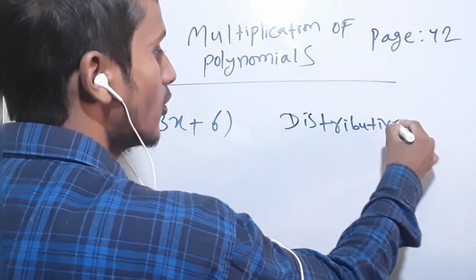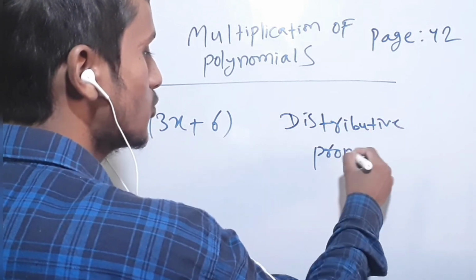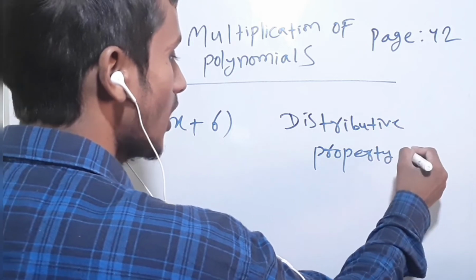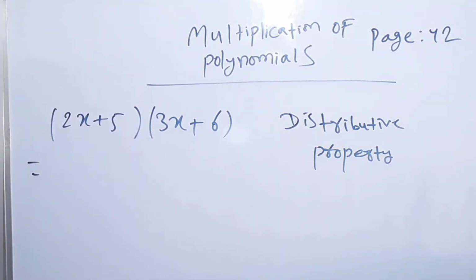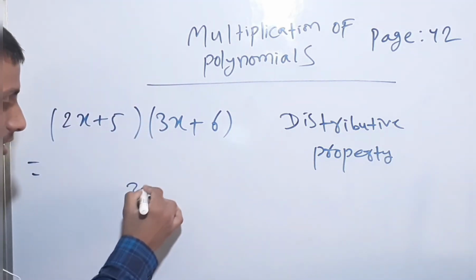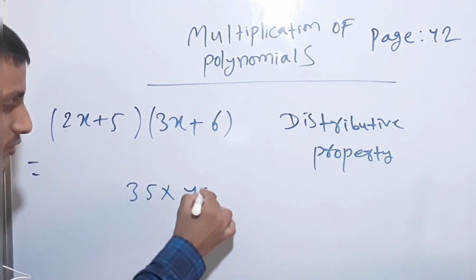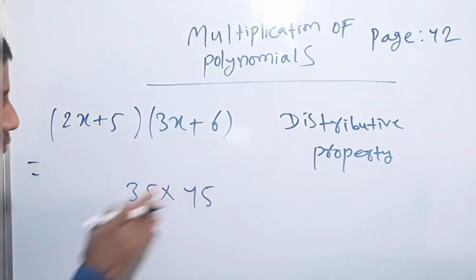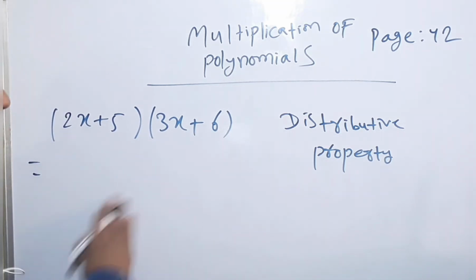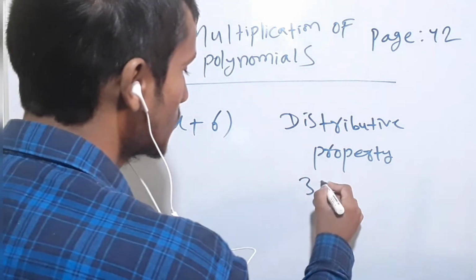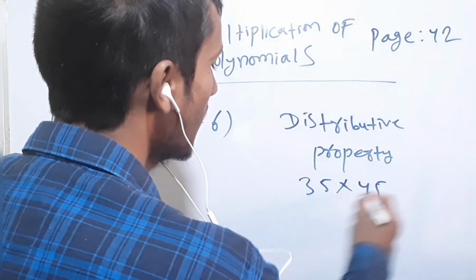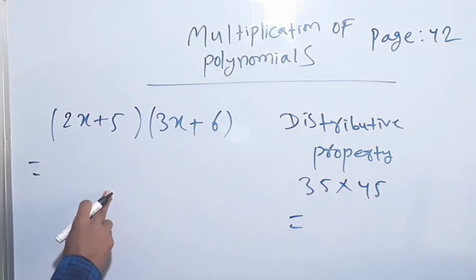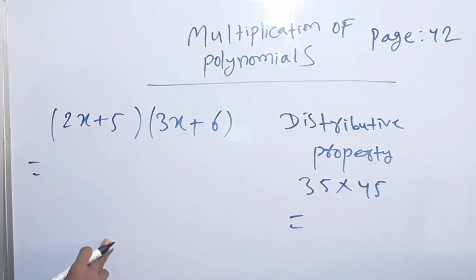The distributive property is a property of numbers as well. If you have two numeric values, like 35 times 45, you can use this property for them too. I'll show you the distributive property for numbers here, and let's do it for algebraic expressions here.